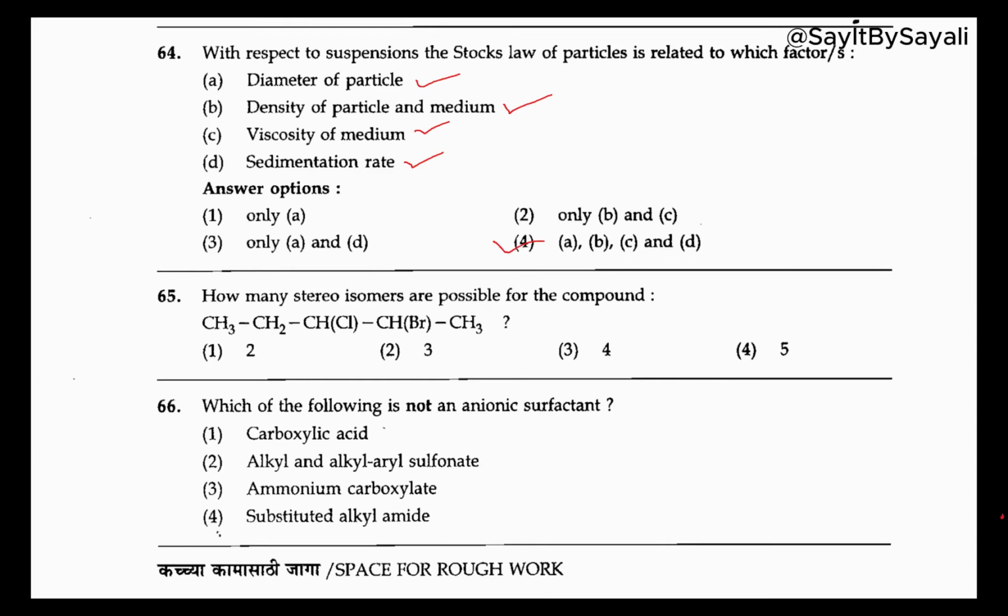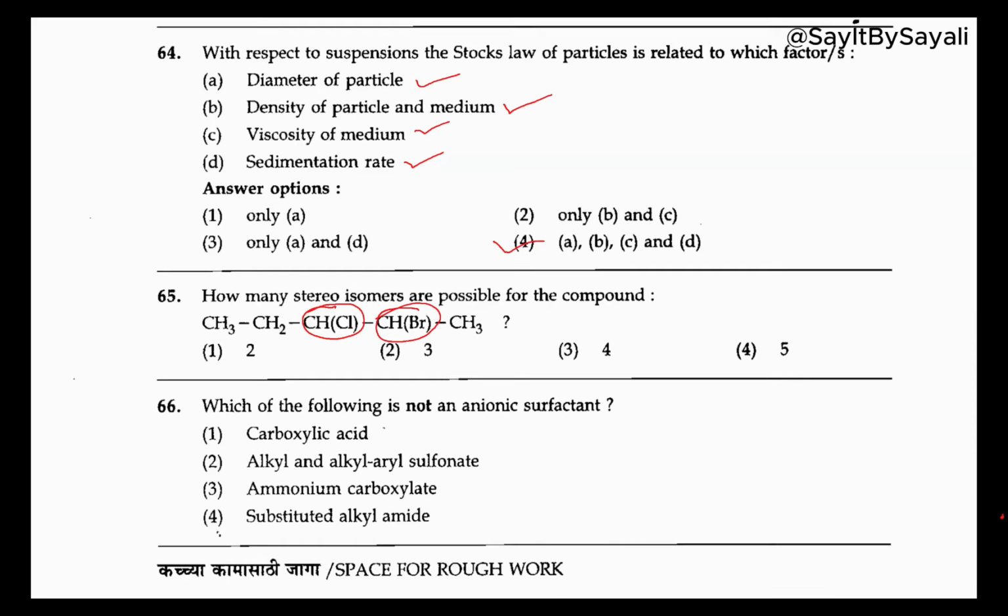Question number 65. How many stereoisomers are possible for the compound? This is the compound. There are two chiral centers, C3 bonded to Cl, this one, and C4 bonded to Br, this one. Both are asymmetric carbons with four different groups attached.